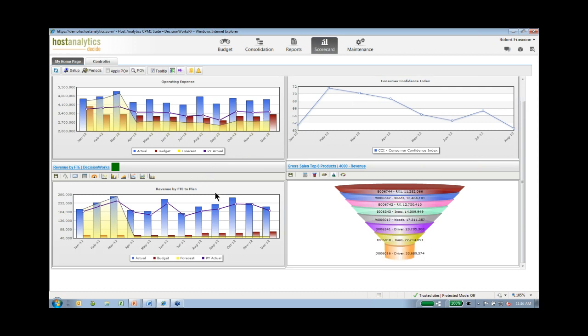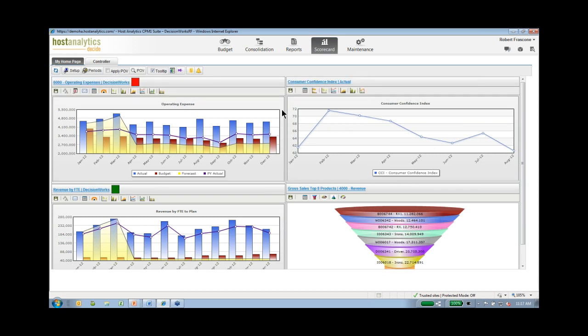If I move down the dashboard a little bit, I'm tracking revenue by FTE. Again, we're back to a KPI. I want to make sure I have a good handle on what revenue by FTE I should be tracking, not only actual to plan, but also to my benchmark companies as well. And then we've got a simple revenue by product graph here down in the lower right-hand corner.